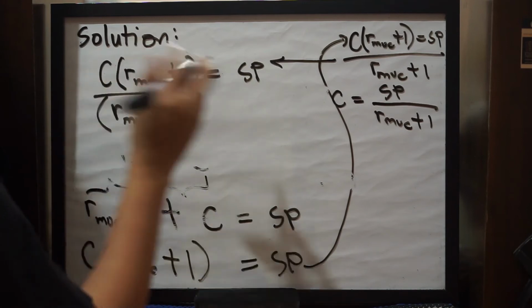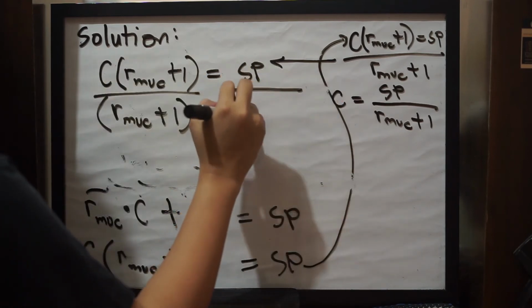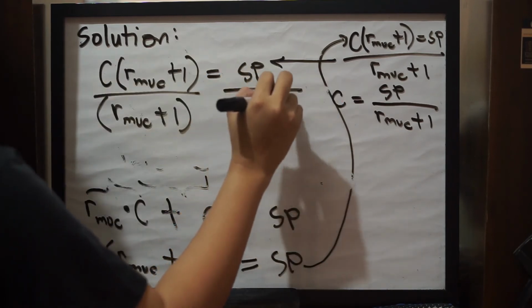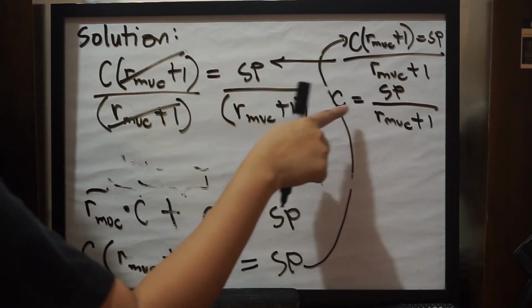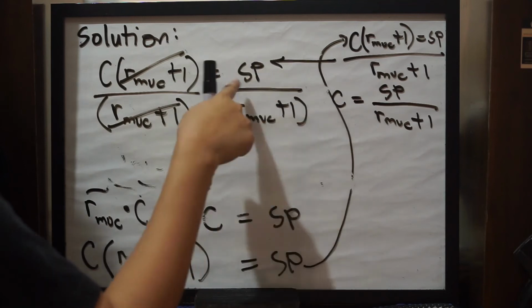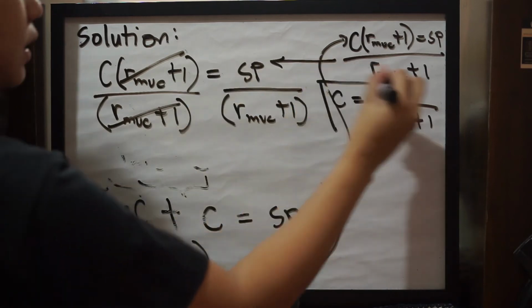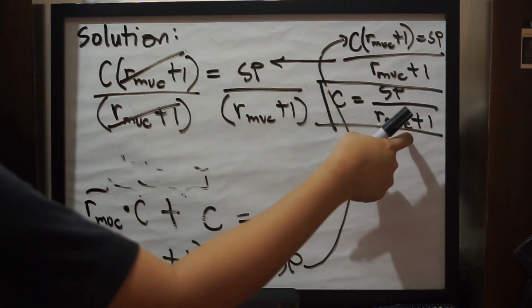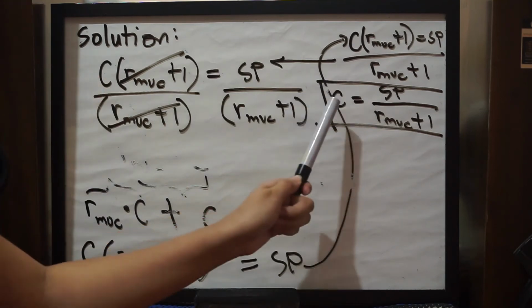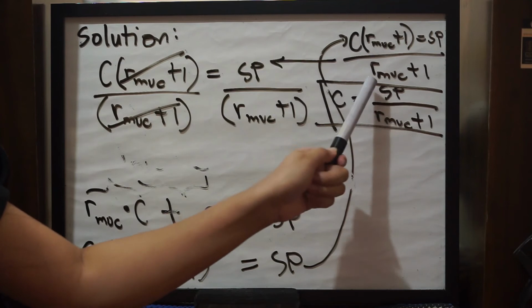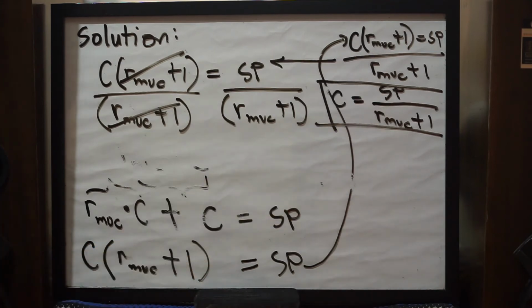Kasi nga kailangan yung cost matira sa iisang side ng equation. Plus 1. Tapos cancel. O, ayun na. We come up with C is equal to the selling price over rate of markup based on cost plus 1. So, ayan na. Makakapag-compute na tayo ng cost gamit ang rate of markup based on cost at yung selling price.